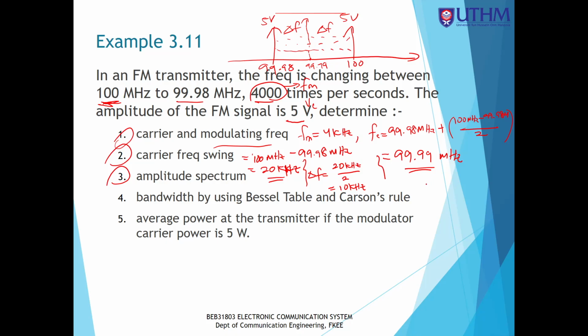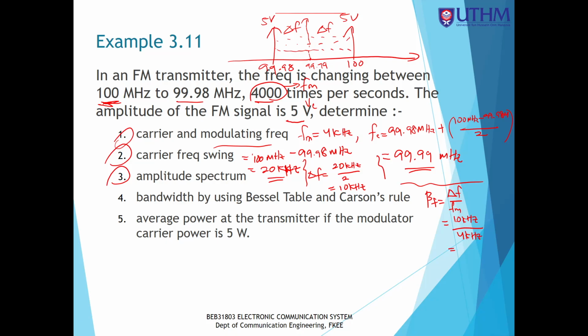Okay, and then we can find the modulation index, beta F, is equal to delta F divided by Fm. So this is equal to 10 kilohertz divided by 4 kilohertz.